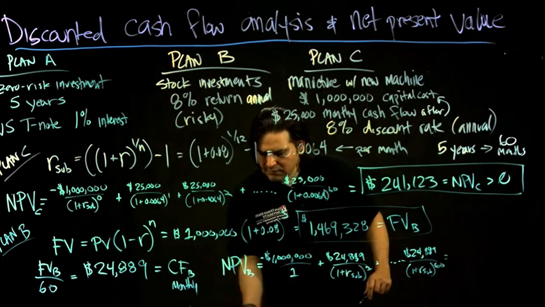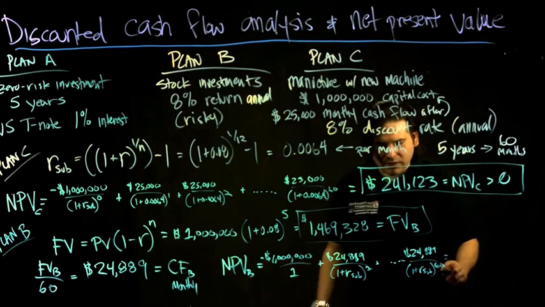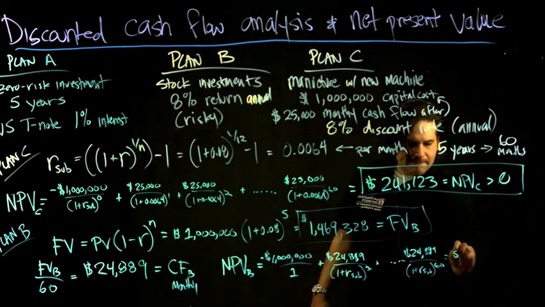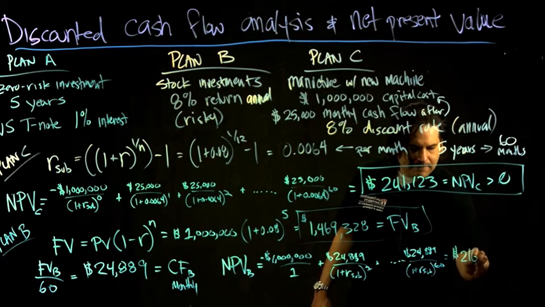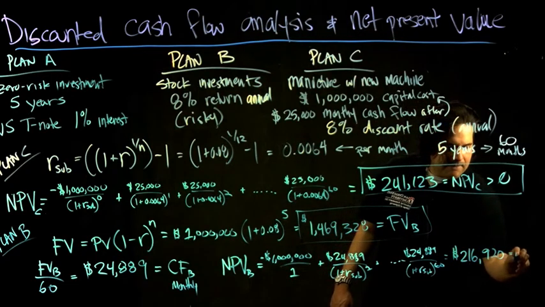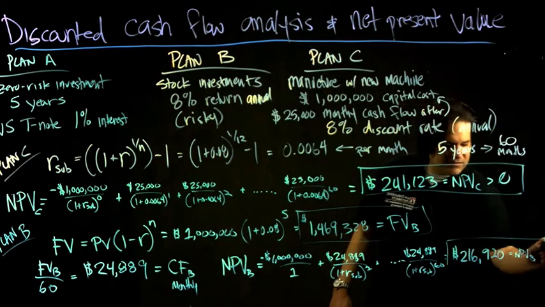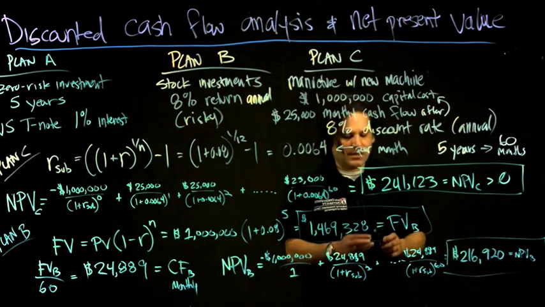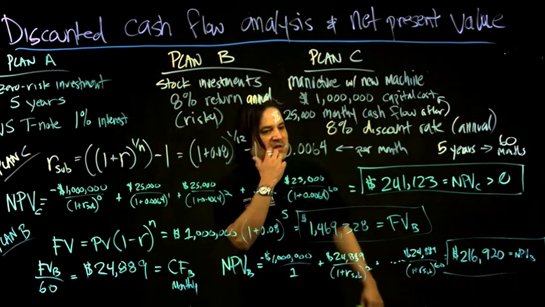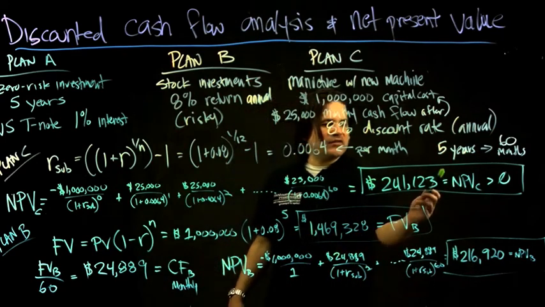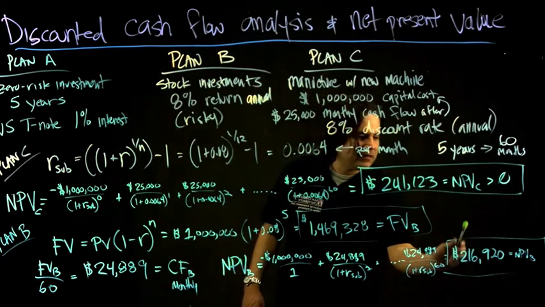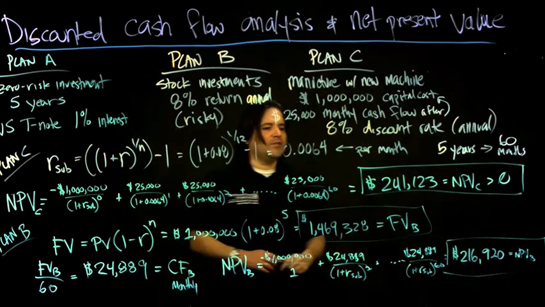And what I got was that, again, this is greater than 0, which is good, but according to this analysis, the net present value of Plan C is bigger than the net present value of Plan B.